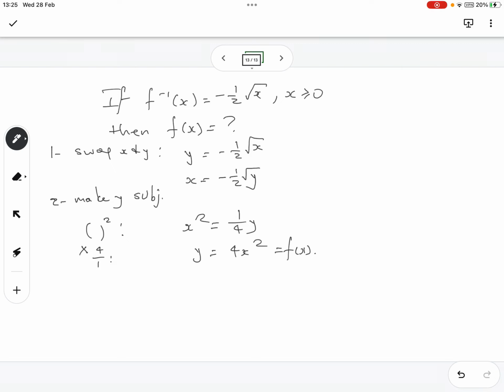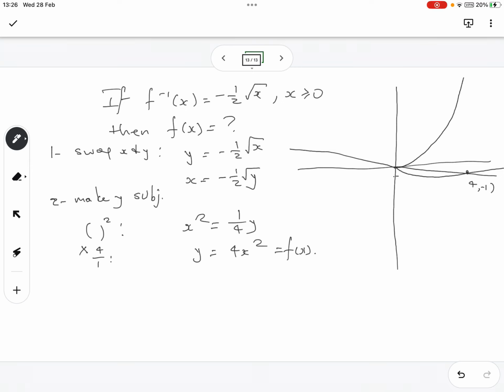Okay. So maybe we can plot this. For negative 1 and the other one. So our graphs initially look like that. So for 4x squared, we will have something that looks like this.